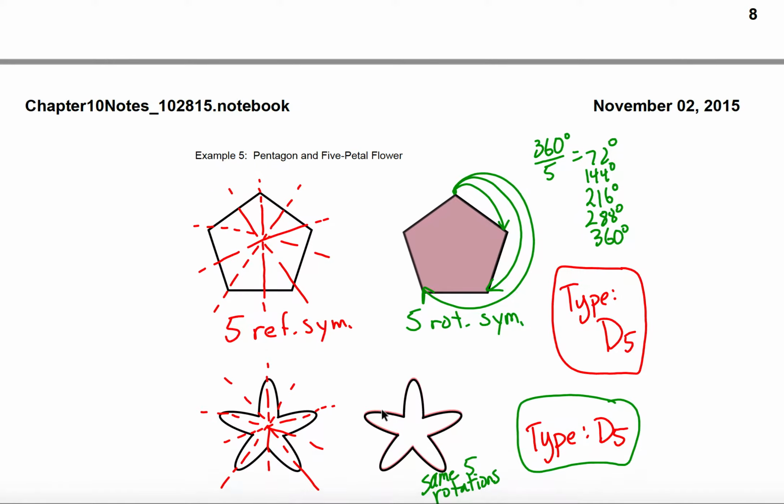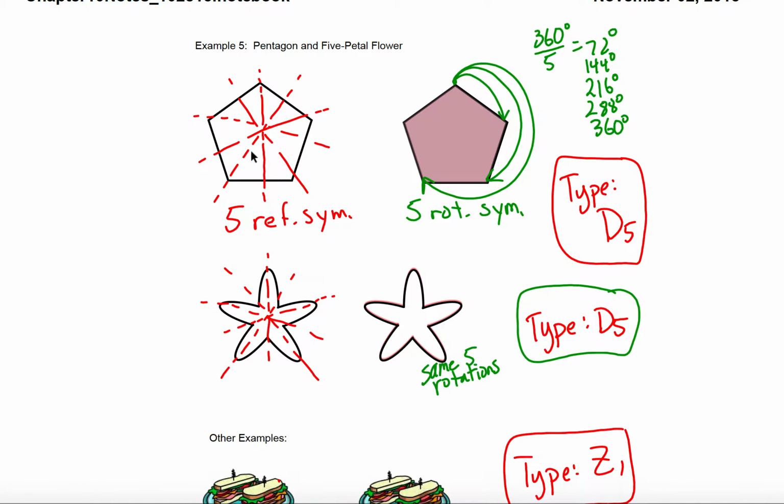You can do this with lots of these different ones. If I took this 5-sided figure, I would notice I have 1, 2, 3, 4, 5 reflective symmetries, and I would therefore also have 1, 2, 3, 4, and 5 rotations. 360 divided by 5 is 72, so I'm going to have a 72 degree angle.